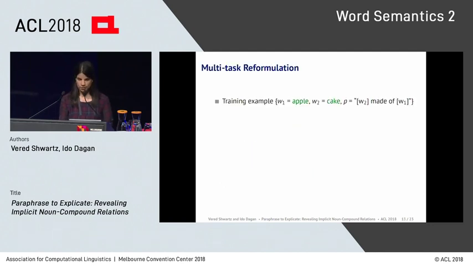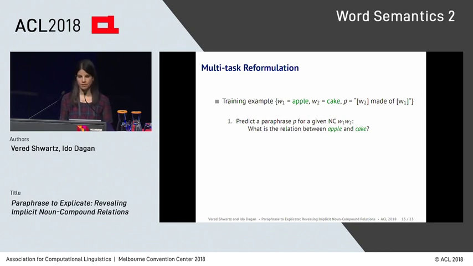So in our multitask reformulation, this is what a training example looks like. It consists of three components: W1 is apple, W2 is cake, and the paraphrase, "W2 made of W1". If we have more than one paraphrase for a noun compound, then we just split them into multiple training examples. And our main subtask is to predict the paraphrase P given the noun compound W1, W2.